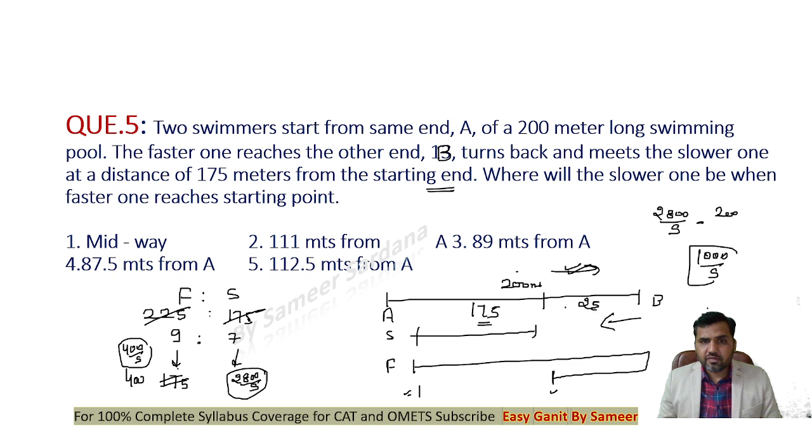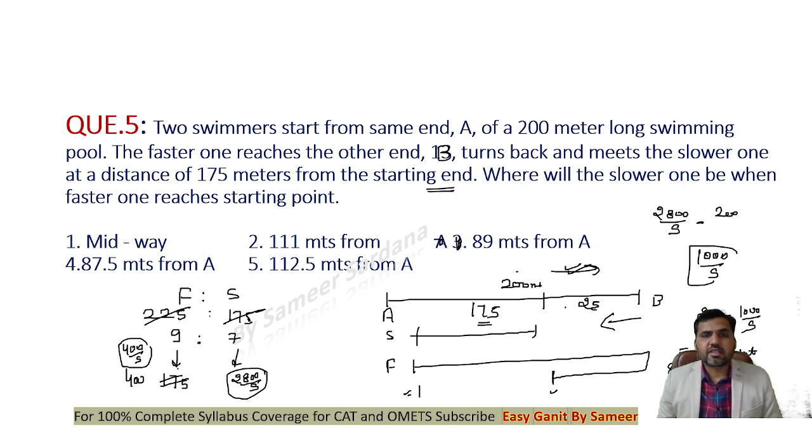So you can see that if this 1000 by 9 is traveled in this direction, then from A, he has already traveled 1000 by 9. He will be 1800 minus 1000, that means 800 by 9 meter from A, which would be 9 into 8, 72, that is 88.88 meter from A. So it's approximately 89, right?